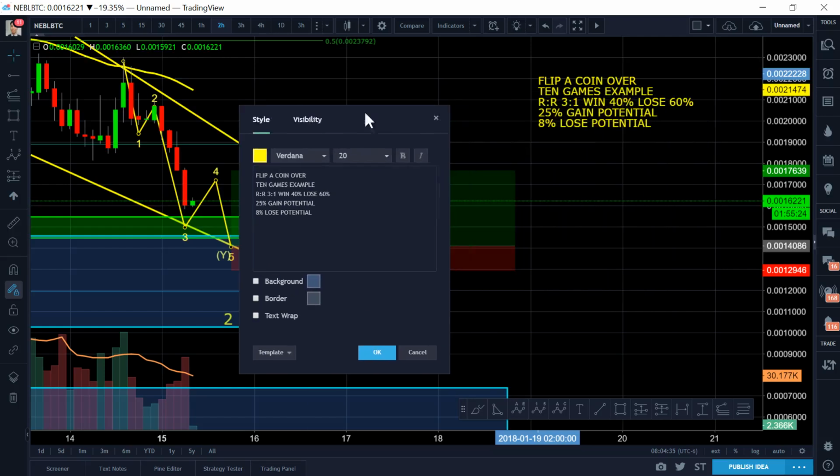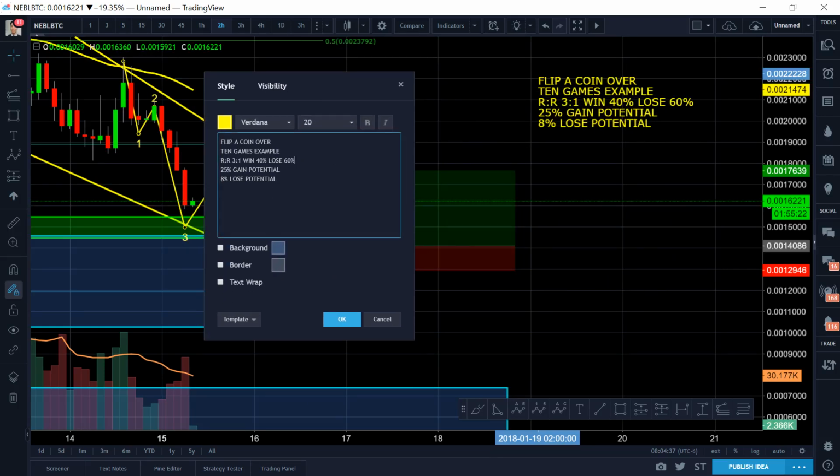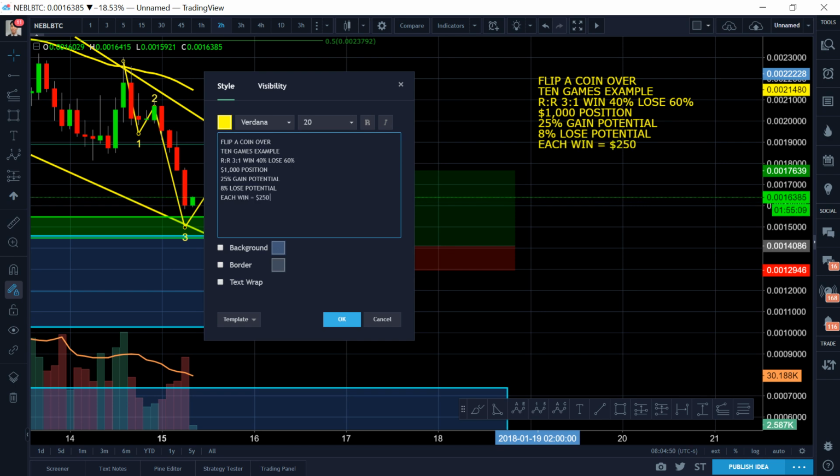All right. Now you're playing a $10,000 position. No, we'll just say a $1,000 position. We're just going to say that position size. So each win, you can win $250. Each loss, you can lose $80, right?